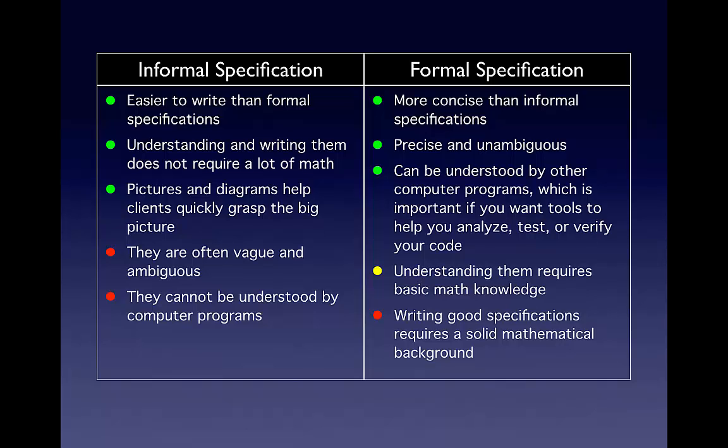Tools that use formal specifications can help you analyze, test, or verify your code. On the negative side, understanding formal specifications does require some basic math knowledge, but it doesn't require a lot, as we saw in the stack example. In contrast to this, writing a good formal specification for a component really does require a strong math background.